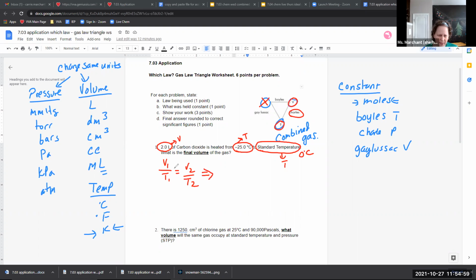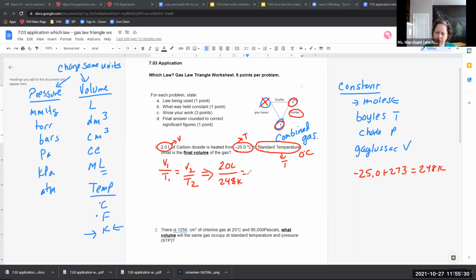Okay. And now let's substitute. V1 is my first volume, 2 liters. T1, oh, it's not in Kelvin though, negative 25.0 plus 273. That would be 273 minus 25, which is 248 Kelvin, my initial or starting temperature.